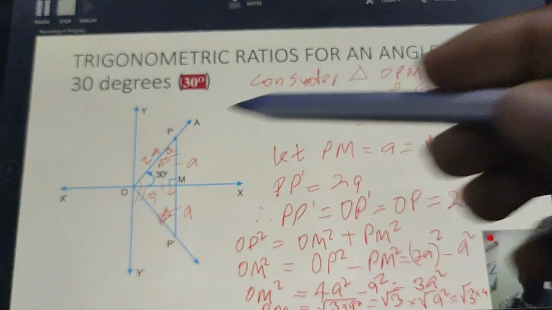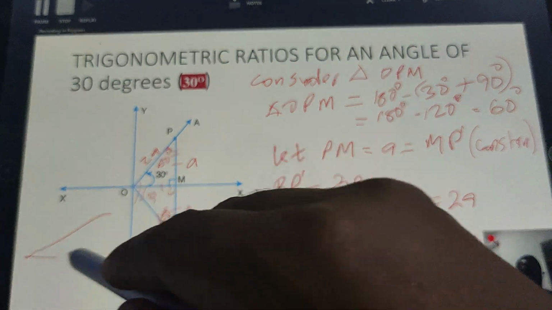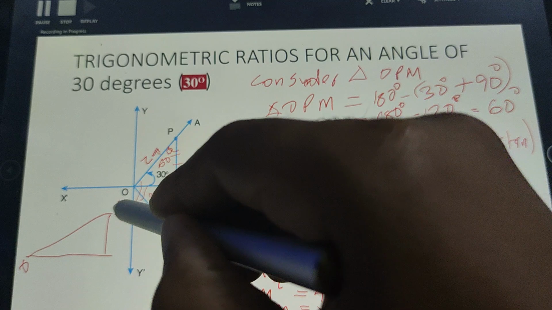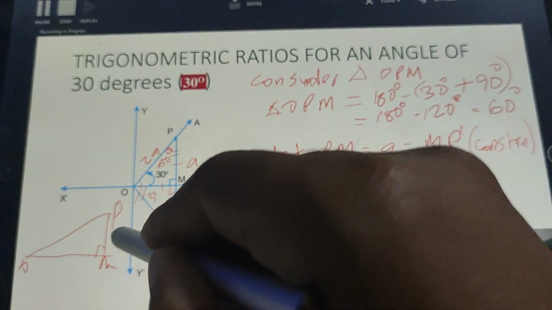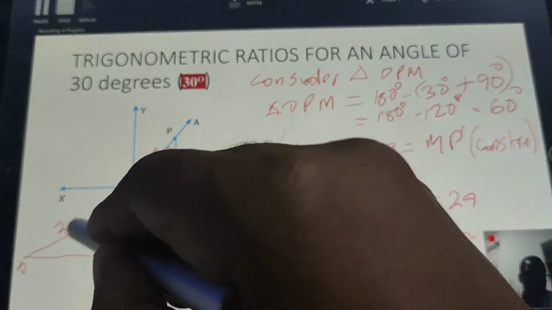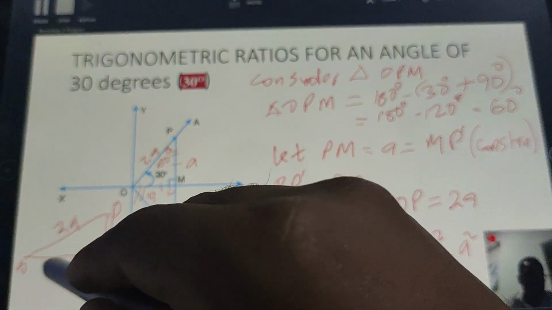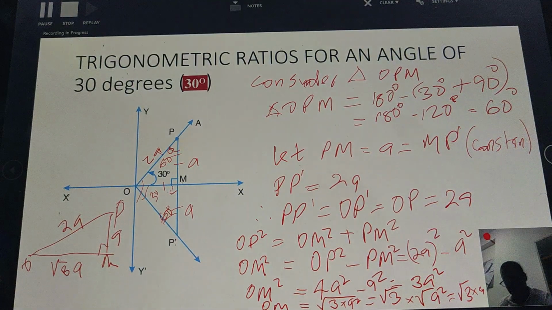Okay, so we can rewrite that triangle. We have O there, P here, M here. This is the right angle. This is A, this is 2A, and this one is root 3 A. Alright, let's proceed. Remember that triangle.